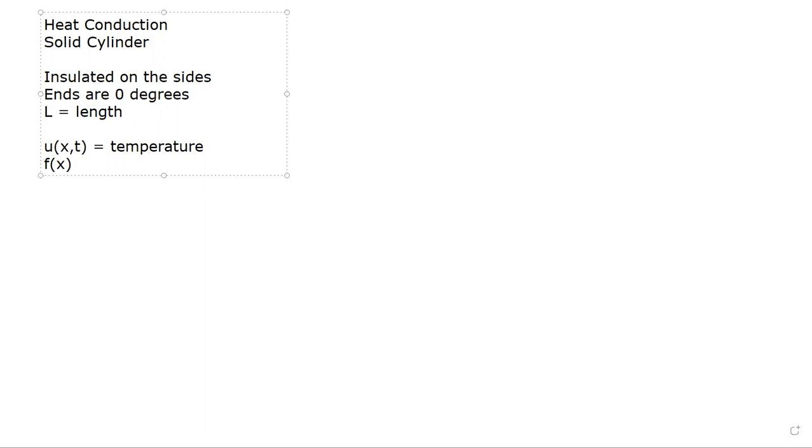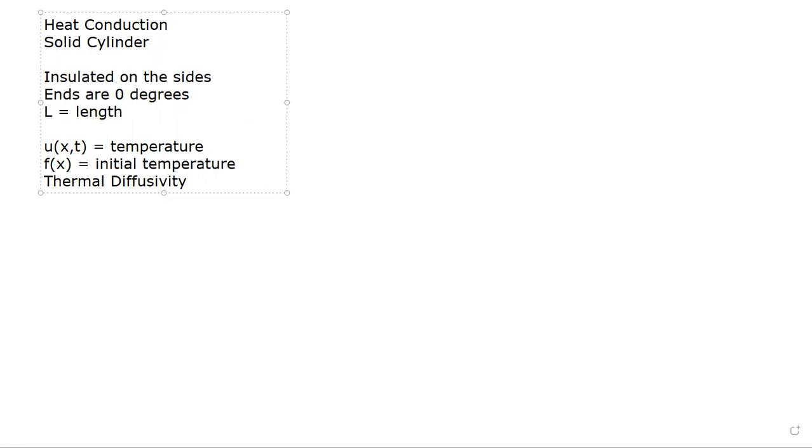f of x is going to be the initial temperature. Now it's a function here because we might have a different temperature at different spots on the rod. And then we're also going to have something called the thermal diffusivity.